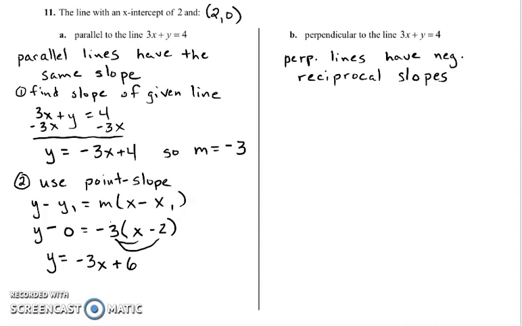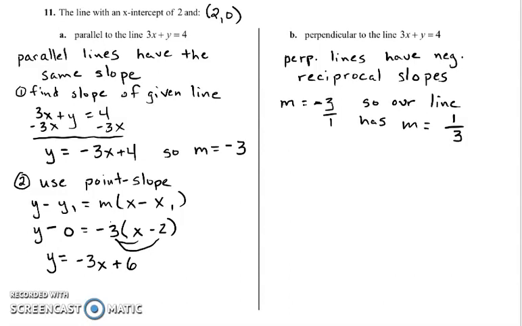So fortunately, we're perpendicular to that same line, 3x plus y equals 4. So we already know that that has a slope of negative 3. So our line that we're making has m equals 1/3. Because remember, negative 3 over 1, so its reciprocal is 1 over 3, and negative means we change the sign.